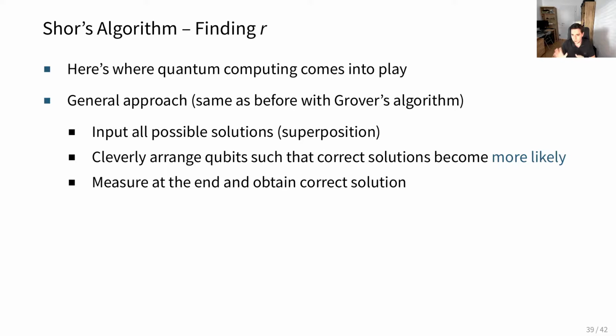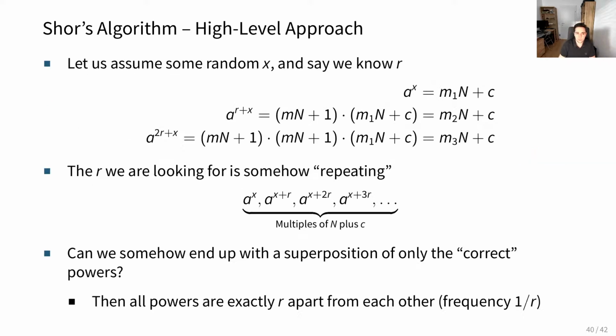Then at the end, we do this measurement, which is the only non-reversible operation we have here. And hopefully we obtain the correct solution if it had a sufficiently large weight. So this is the intuitive approach.